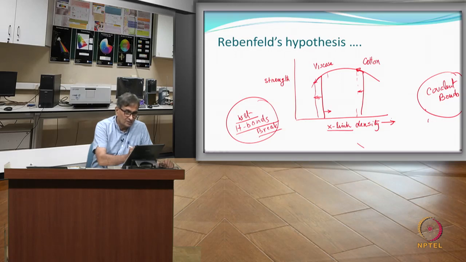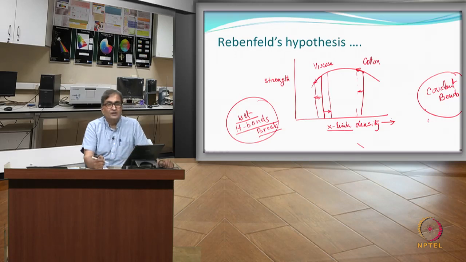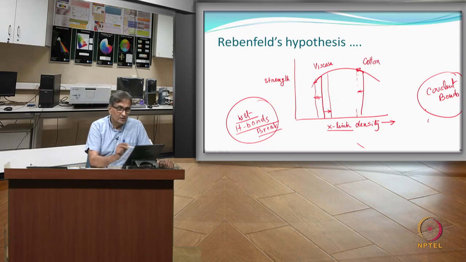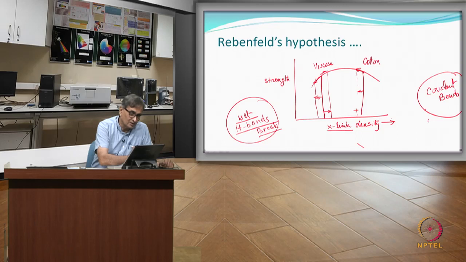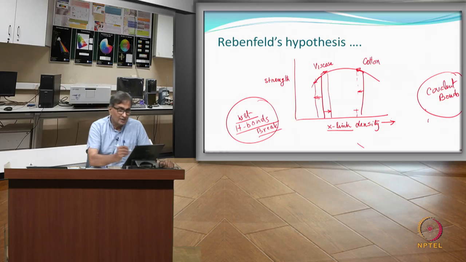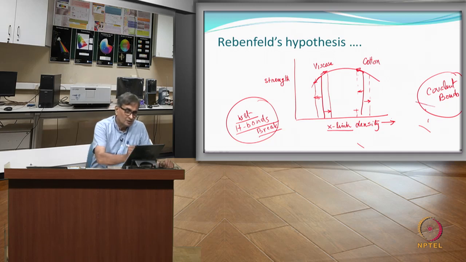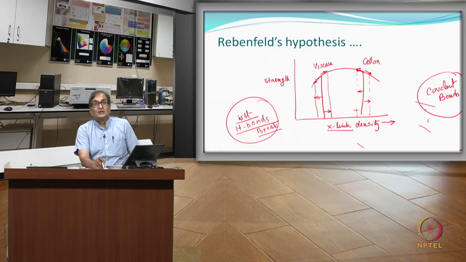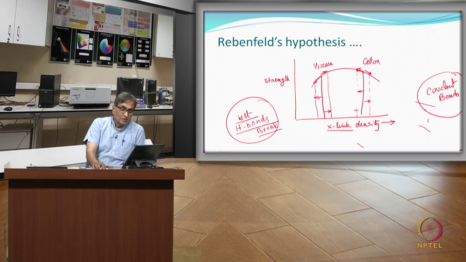So, one has seen that if you go in this direction, then the crosslink density increases, the tenacity or tensile strength will increase in the case of viscose. Same thing when happens in the case of cotton, the crosslink density increases, but the strength goes down. So, this is the hypothesis proposed by Rebenfeld.